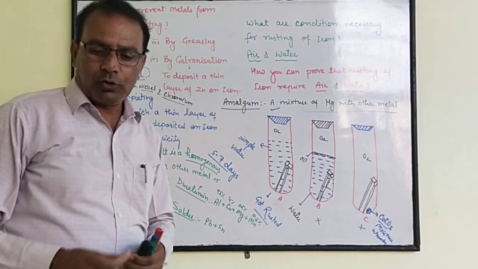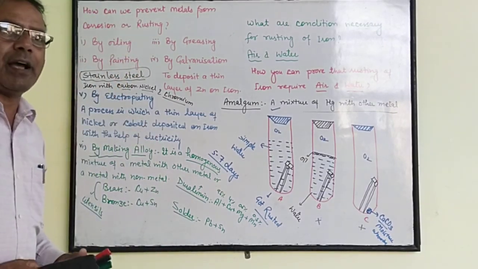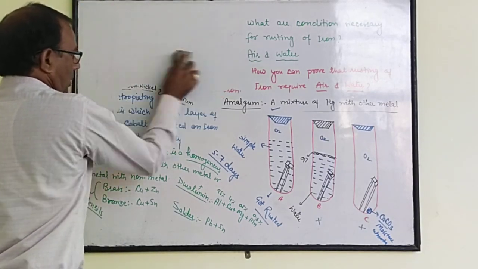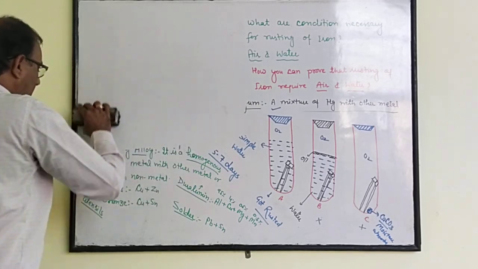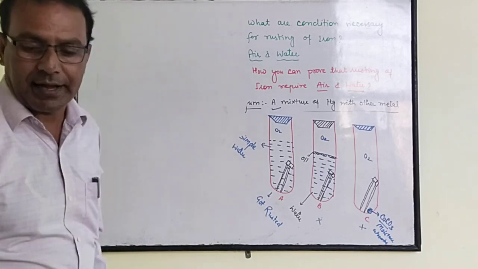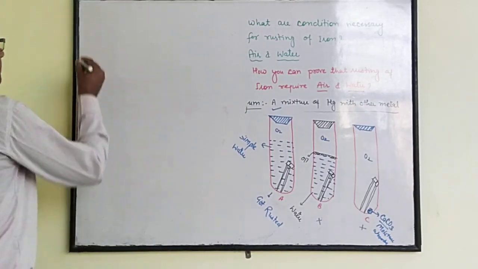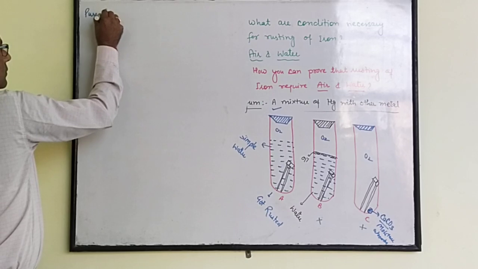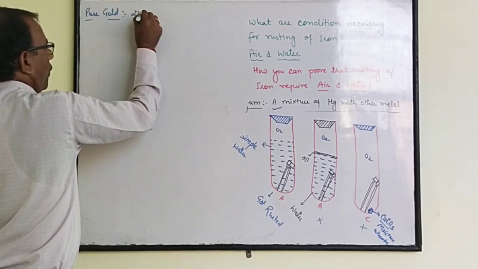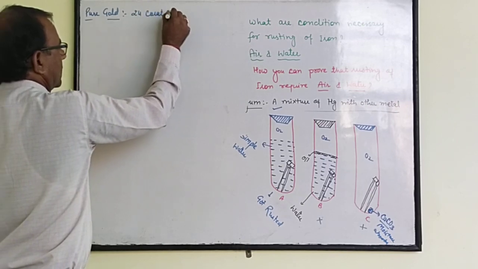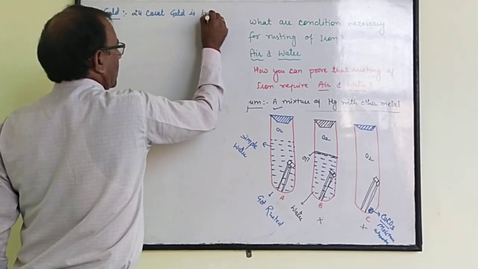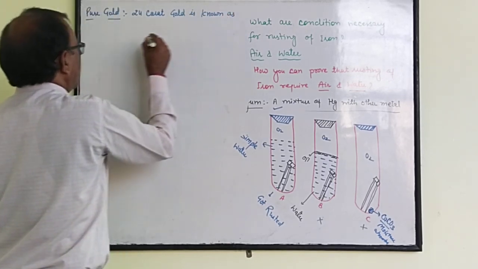The next topic is, what do you mean by pure gold? What is pure gold and how many carats is gold jewelry made of in India? 24 karat gold is known as pure gold.